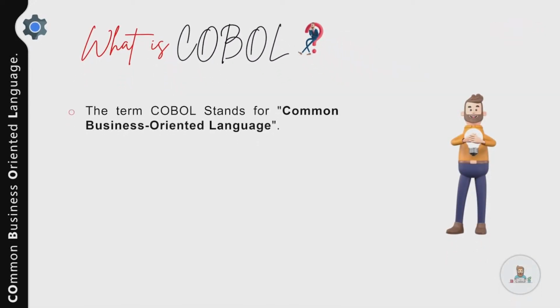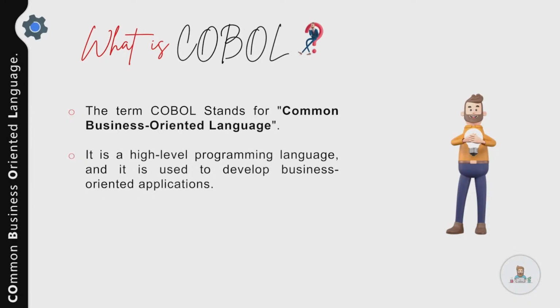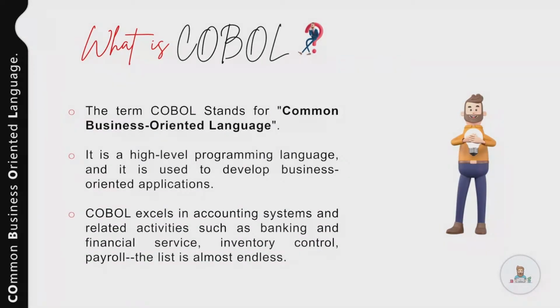The term COBOL stands for Common Business Oriented Language. It is a high-level programming language, and it is mainly used to develop business-oriented applications. COBOL was designed specially for business applications, although you can use it for various programs and programming problems, but it is commonly used for business processes such as banking and financial services, retail sales tracking, payroll, and many other applications.